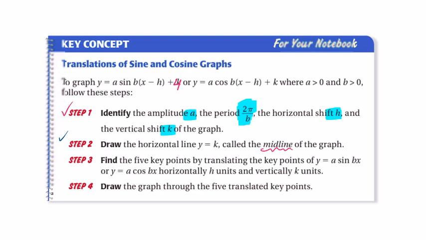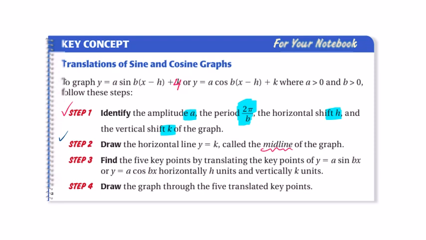Step 3, find the 5 key points by translating the key points of your regular a sine of bx, forgetting that horizontal and vertical shift. Alright, and we're taking that a sine of bx and we're shifting it up, down, left, right. Alright, and we're going to do the same thing if it's a cosine.